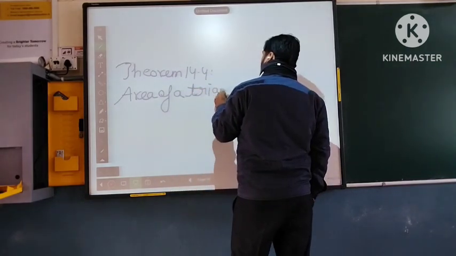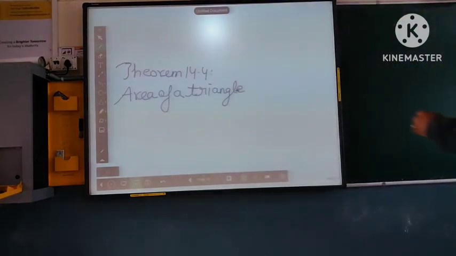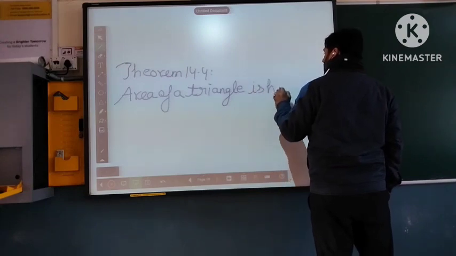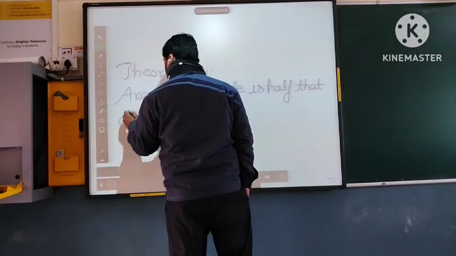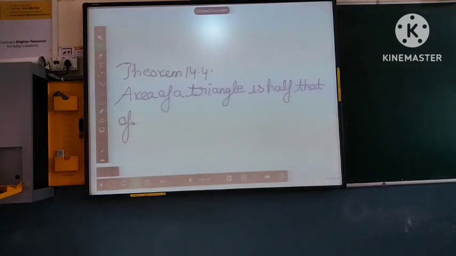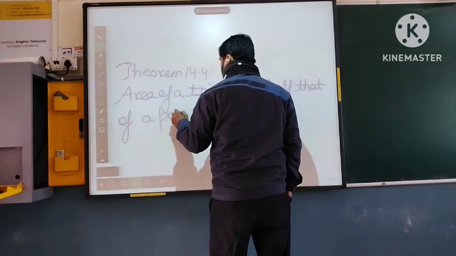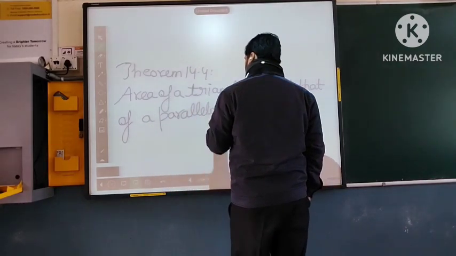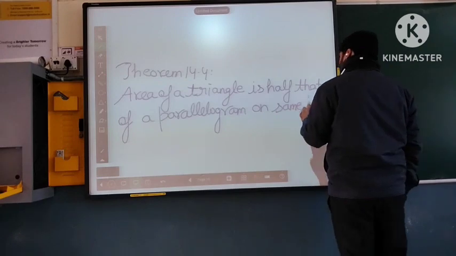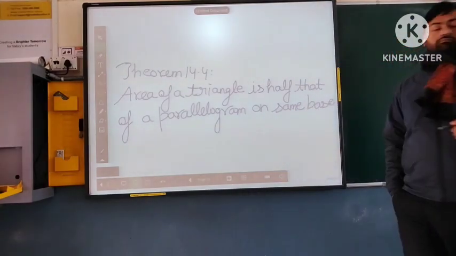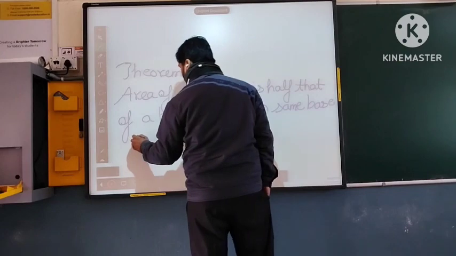It says area of a triangle is half that of a parallelogram on the same base and between the same parallel lines.